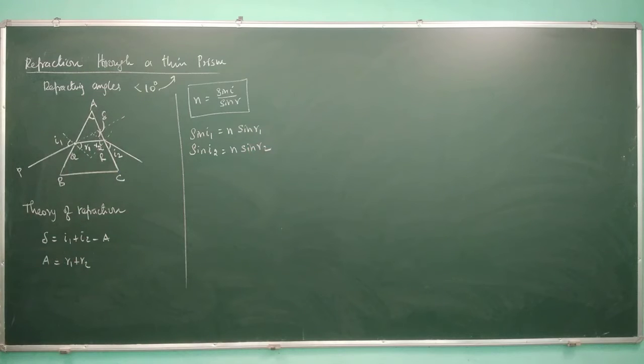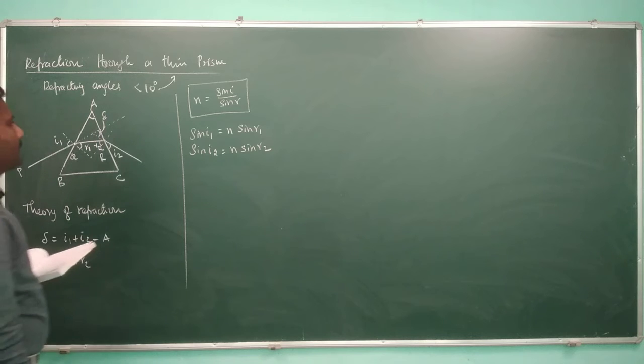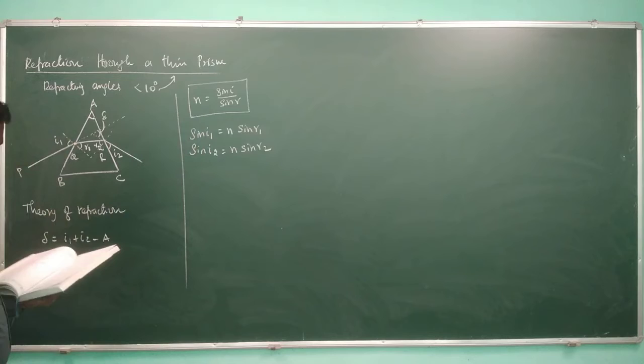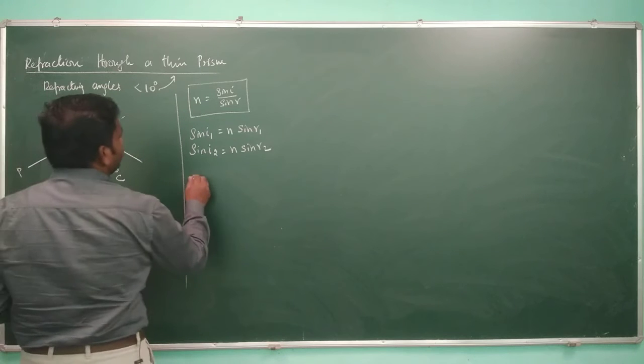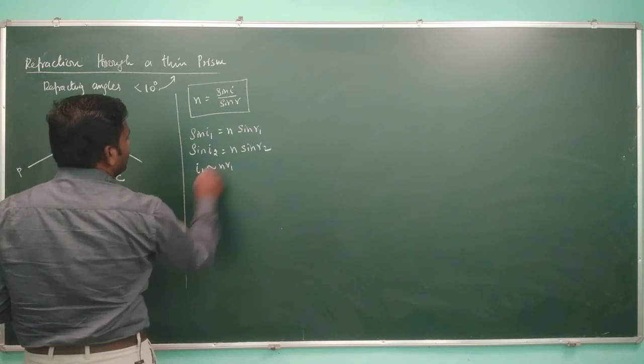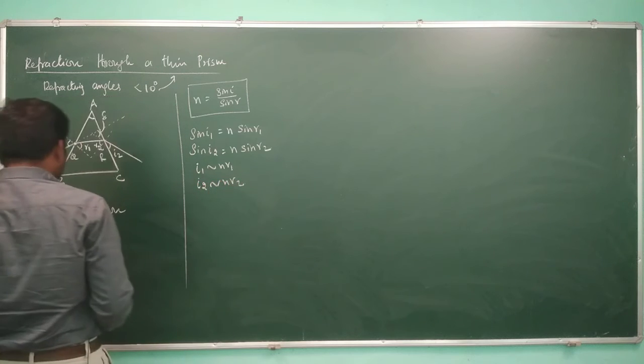But for a thin prism, the angles of refraction will be less than 10 degrees. For smaller angles, sines of angles can be considered as simply the angles, so that i1 equals n r1, i2 equals n r2.